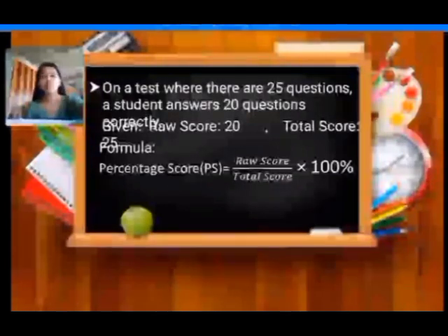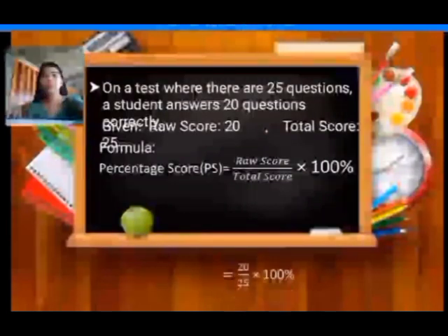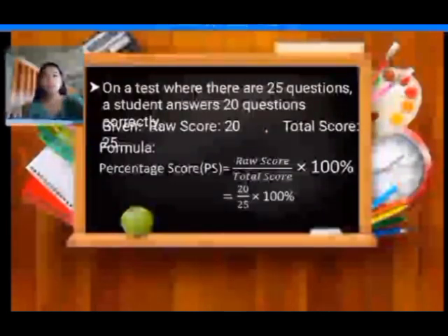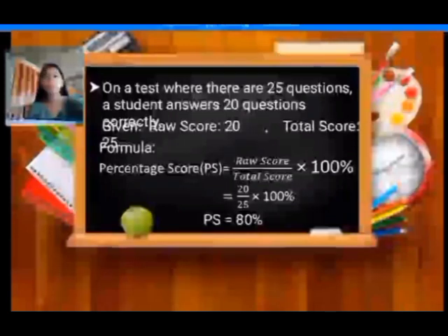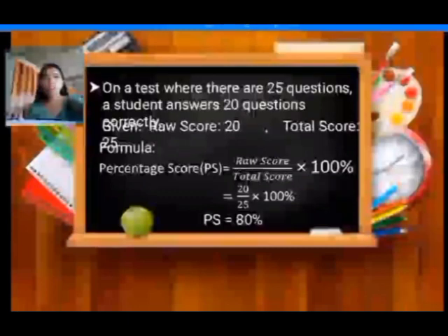It is the same as the first one. The 20, which is the raw score, over the total score, which is 25, and then multiply it by 100%. So the percentage score is 80%. Therefore, the student got 80% out of 100% in the test.